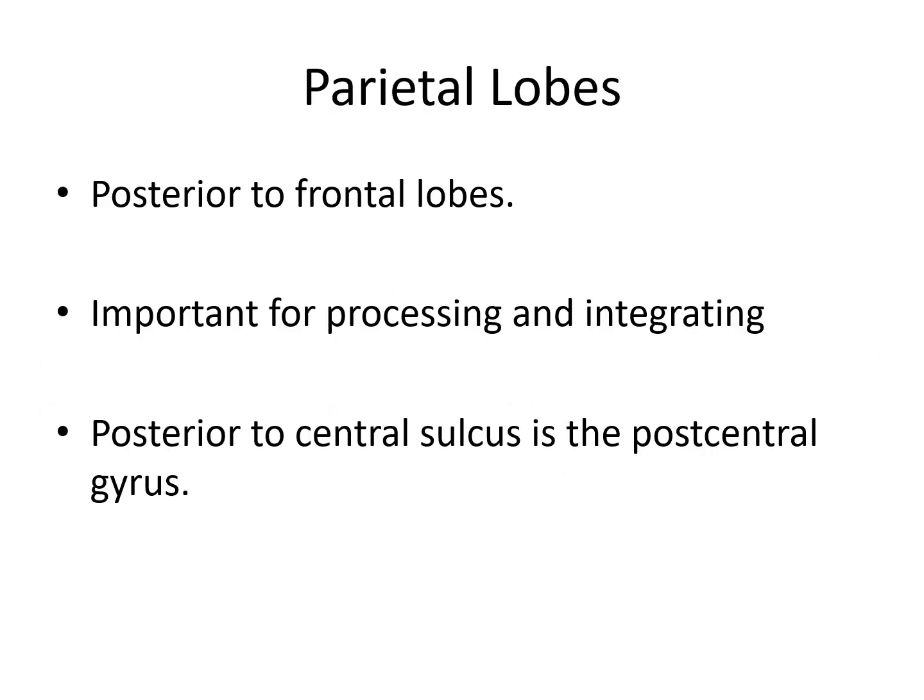The parietal lobes are posterior to the frontal lobes, and these are important for processing and integrating. Since they're posterior to the frontal lobe, they're posterior to the central sulcus. And the gyrus that's immediately posterior to the central sulcus, as you might expect, is called the postcentral gyrus.